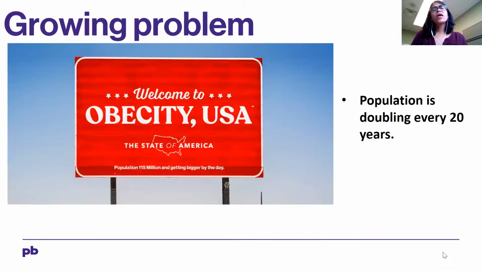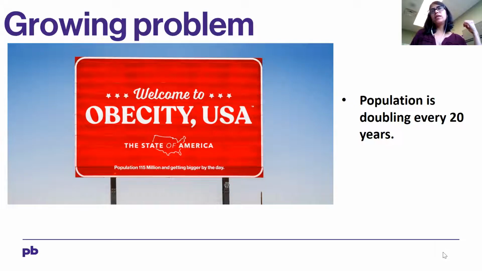So much so that obesity could be considered the state of America. With a population of 115 million, and which is getting bigger day by day. So much so that the population is estimated to double every 20 years.